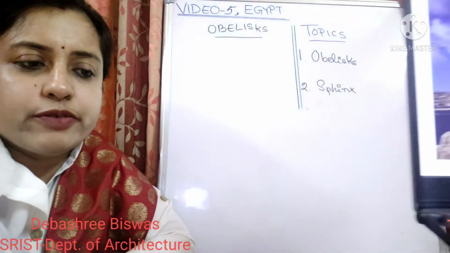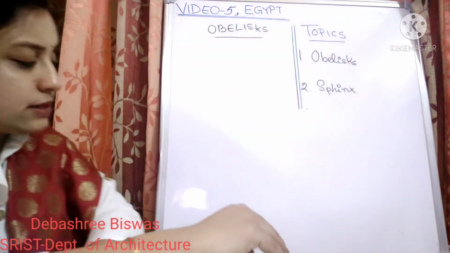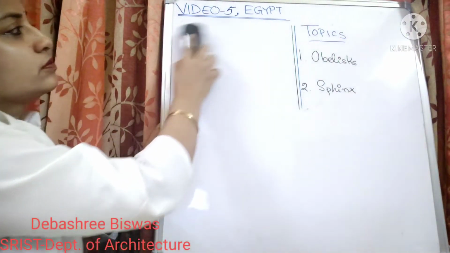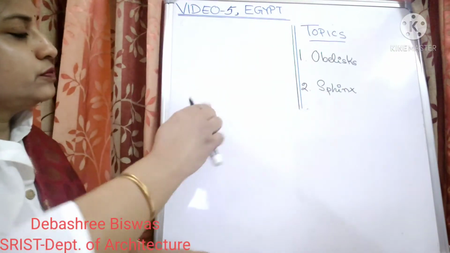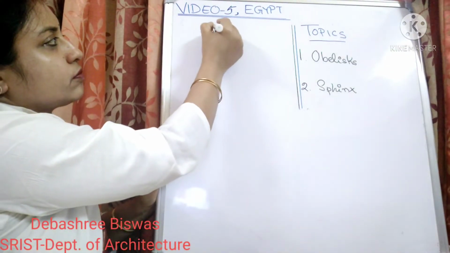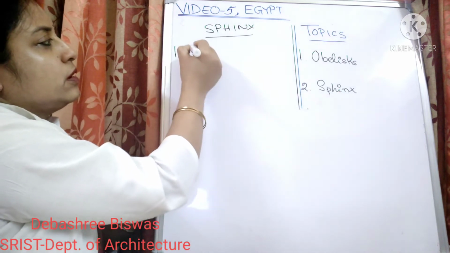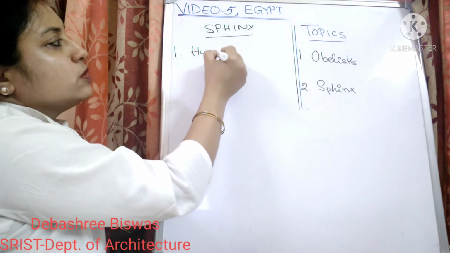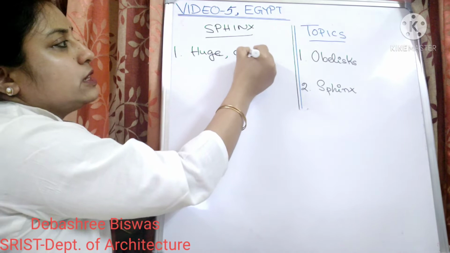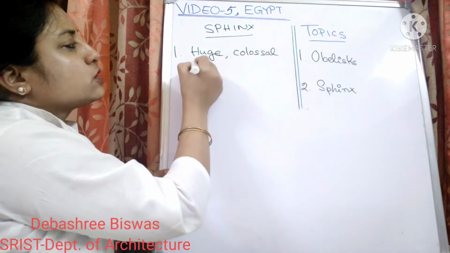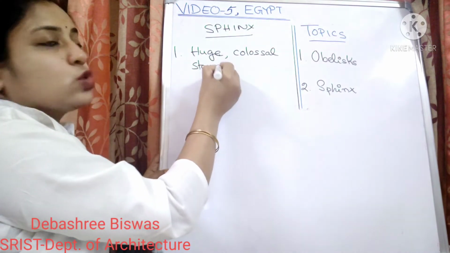Now see, let us have a few lines about the Sphinx. Huge, colossal stone structures. These were made of stones.